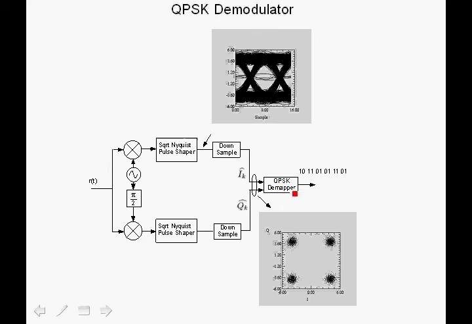The QPSK demapper for maximum likelihood detection operates as follows. For any point that we receive in the constellation here, we find the distance of that point to the ideal constellation points. In this case we have 4, and we select the constellation point which is closest to this received symbol.